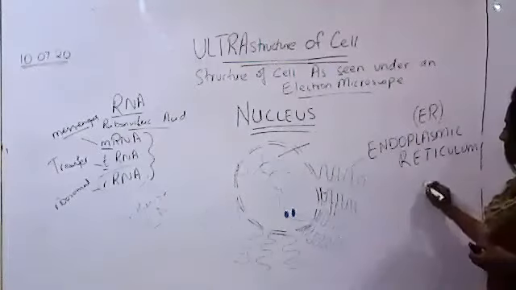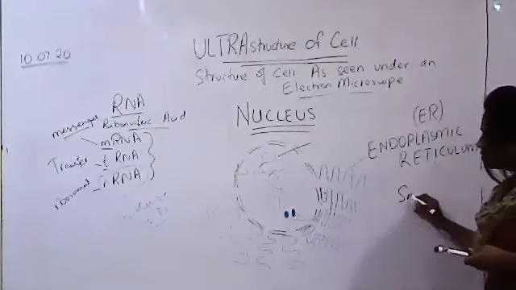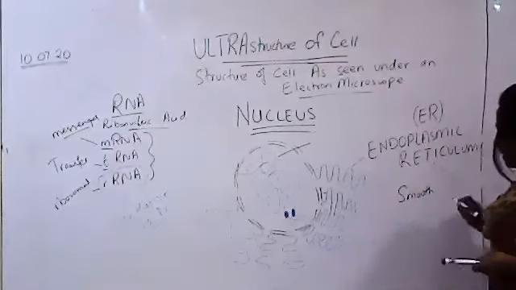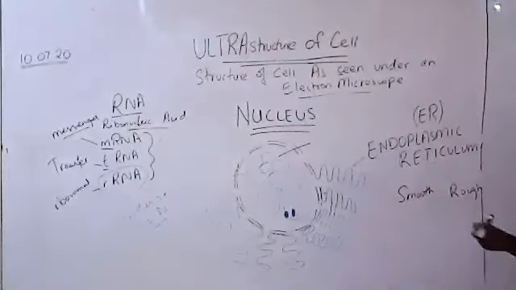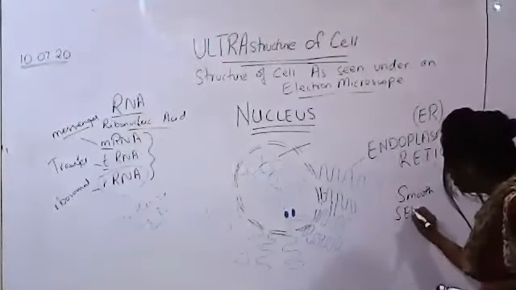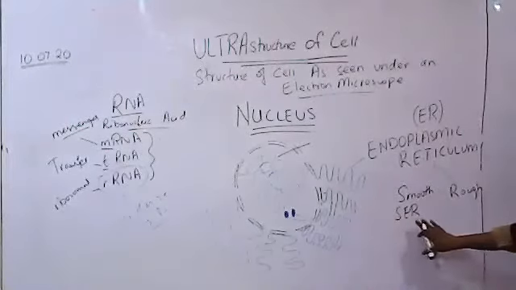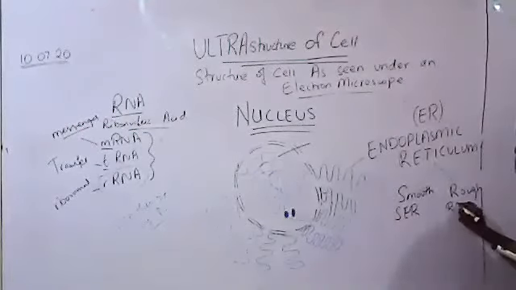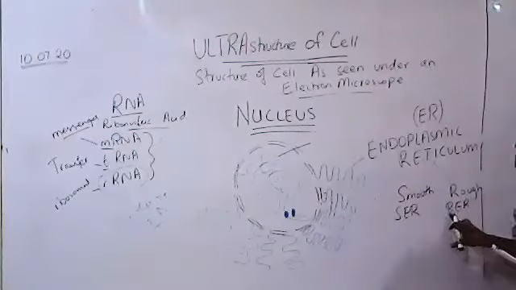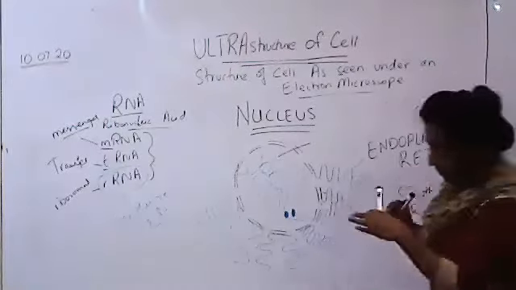One is termed smooth ER and the other is termed rough ER. You call it SER, which stands for smooth endoplasmic reticulum, or rough ER, RER, that stands for rough endoplasmic reticulum.